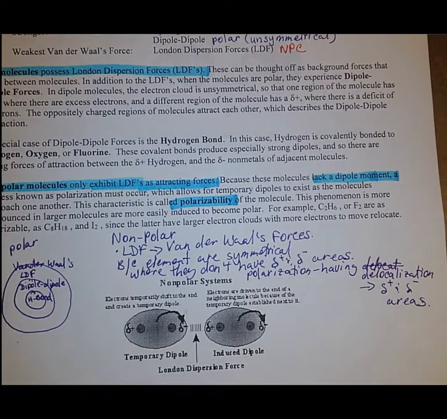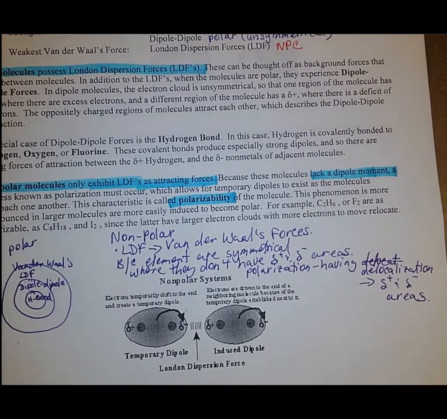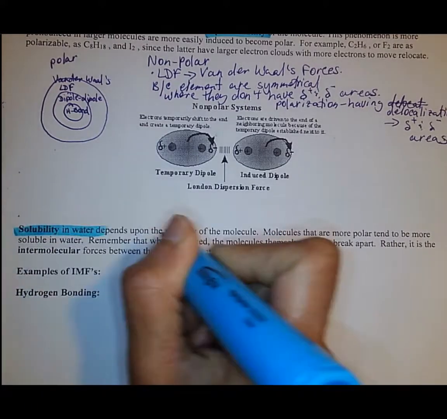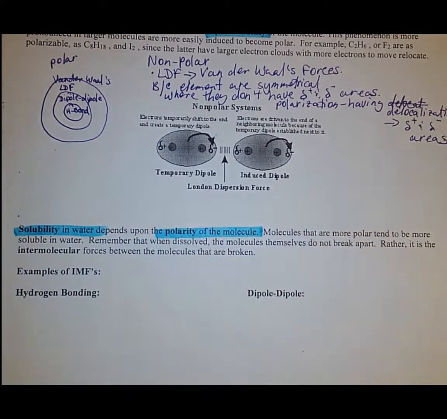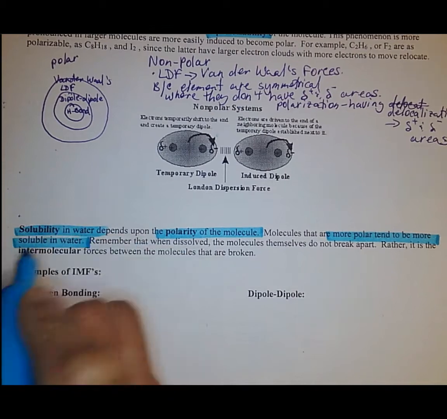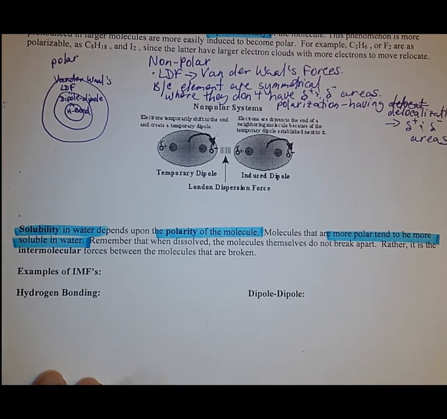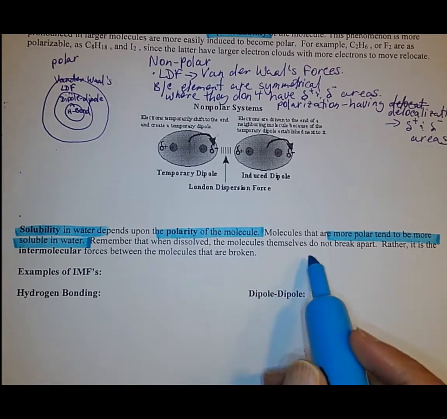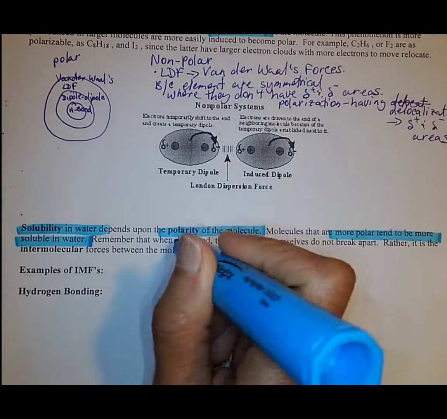Okay, so let's talk about solubility. Solubility, especially in water, depends on the polarity of the molecule. Molecules that are more polar tend to be more attracted to or soluble in water. Remember that when dissolved, the molecules themselves do not break apart.